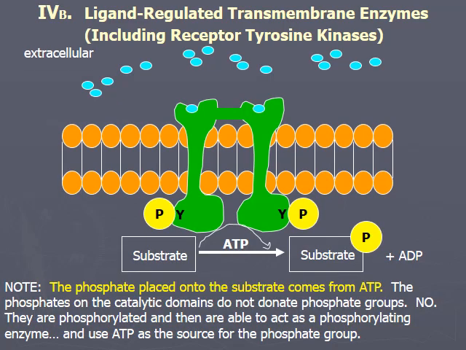The substrate can come up to this kinase and come out phosphorylated. It's different than it was before. It's got some ionized oxygen groups. It's electrically different than it was before, the phosphorylated substrate. Now that phosphorylated substrate is going to have an impact, or relay the signal from out there.